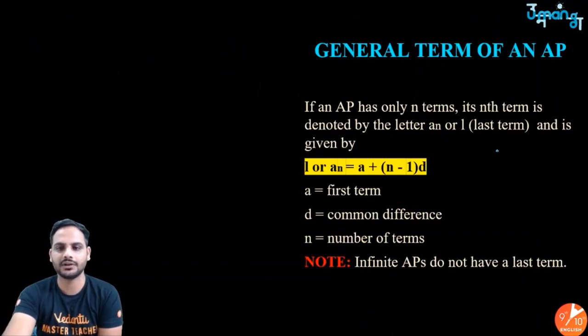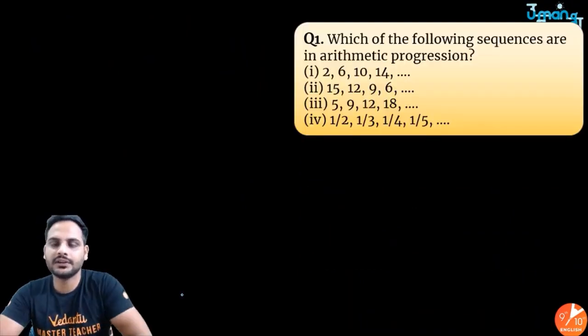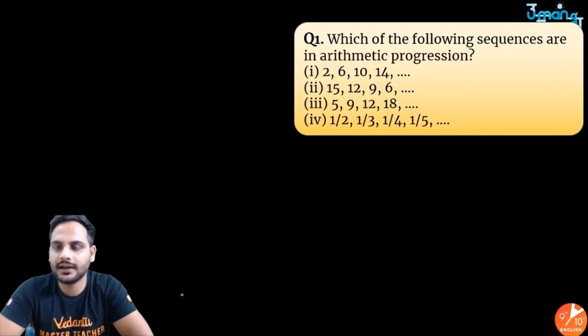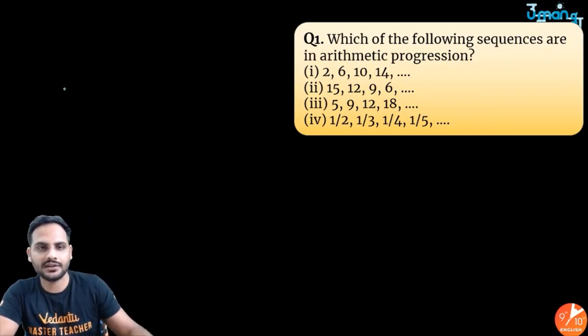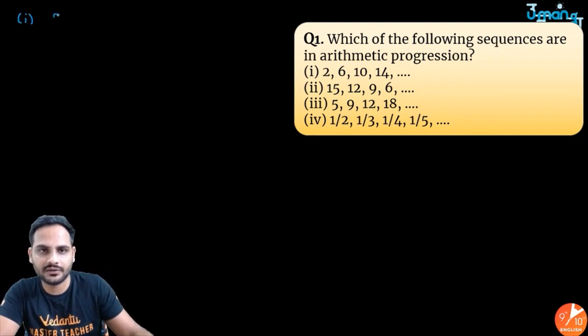Now let's solve some questions. In this question, they are asking which of the following sequences are arithmetic progressions. We know that for an arithmetic progression, the difference between every two consecutive terms must be constant. So let us look at these examples. The first one is 2, 6, 10 and 14.